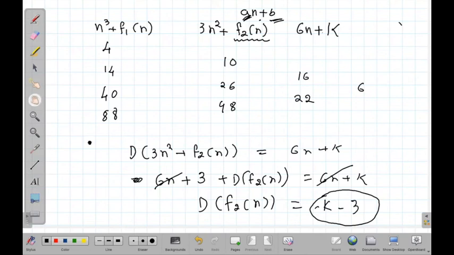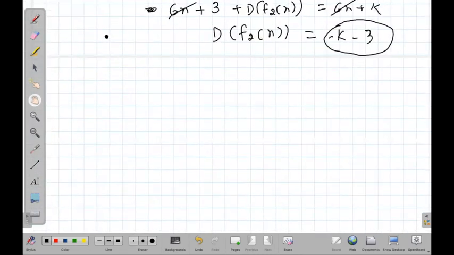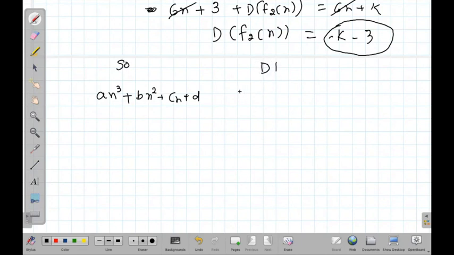So if we try to generalize this and have it as an cube, the first S0 is an cube plus bn squared plus cn plus d. Then we have the first order difference, which should be a1, b1, c1, d1.